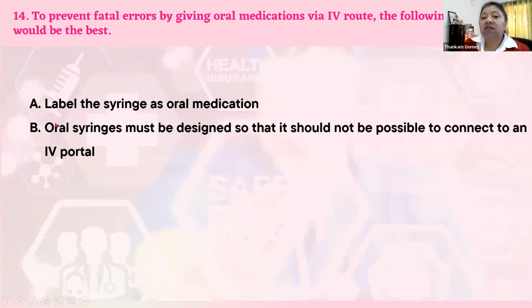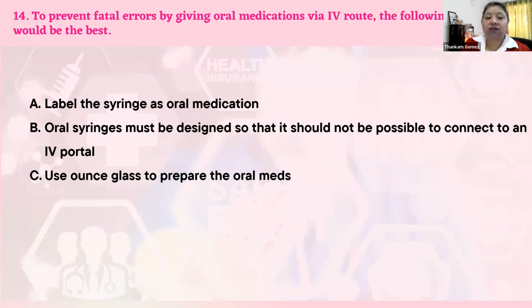So, label the syringe as oral medication. Oral syringes must be designed so that it should not be possible to connect to an IV portal, because this is when you mix up the medicine in a syringe and you are giving it to the patient by the NG tube. Use ounce glass to prepare the oral medication, any of the above.